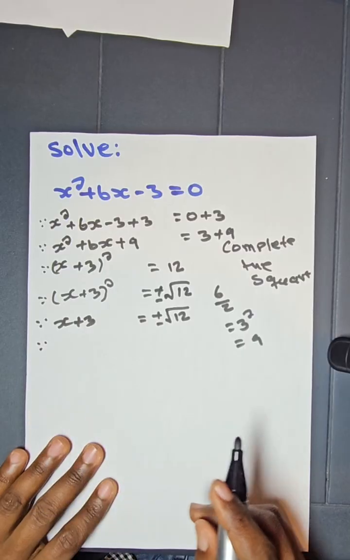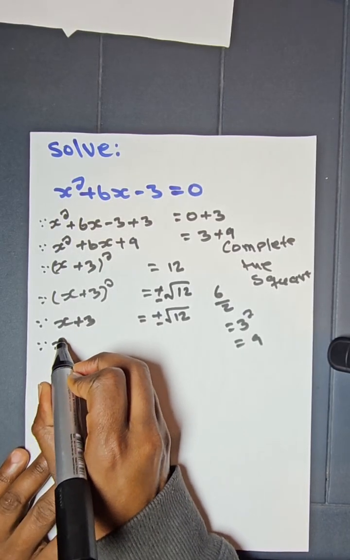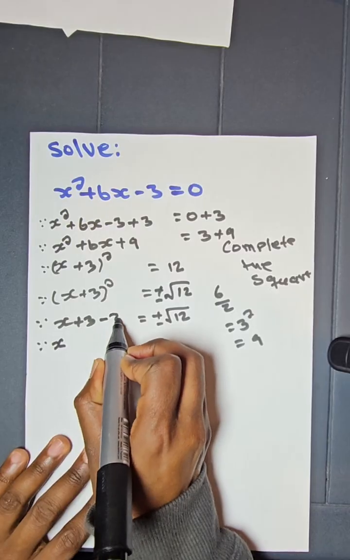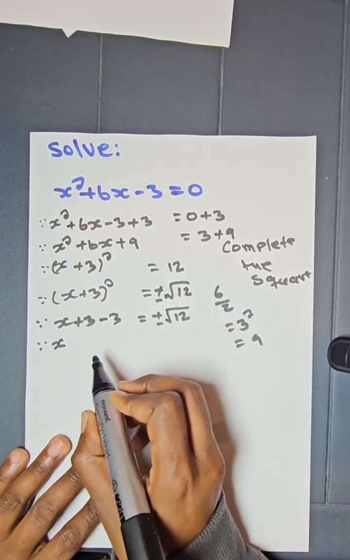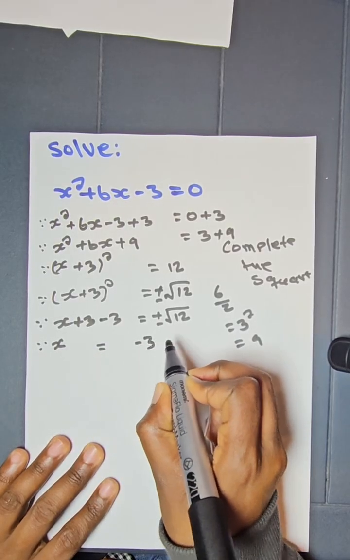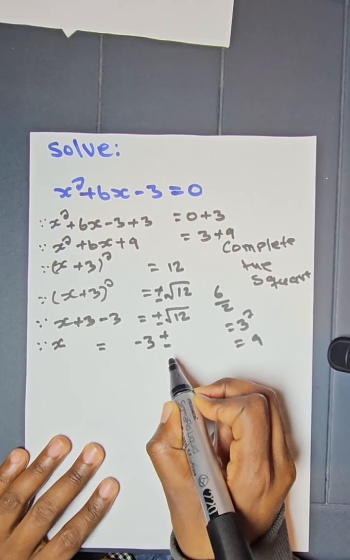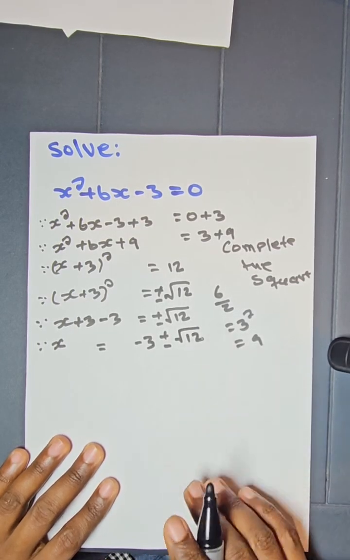Therefore, we need to isolate x to get rid of this plus 3. That means we need to subtract 3, and remember also to subtract it from the other side too. Therefore, this simplifies to minus 3 plus or minus the square root of 12.